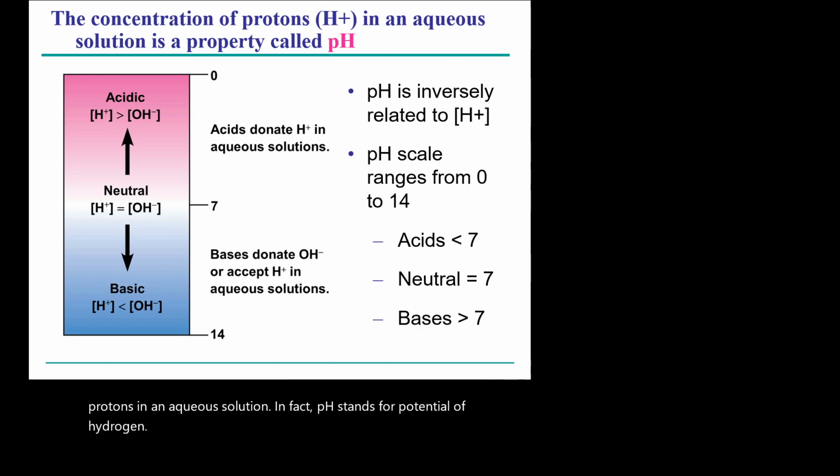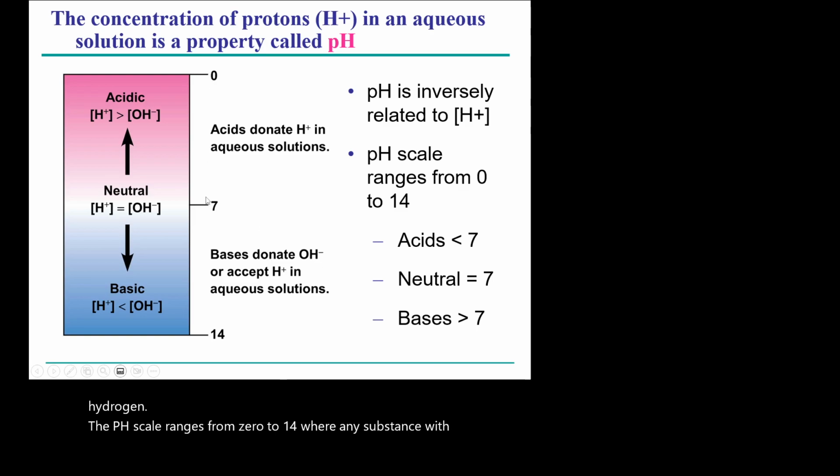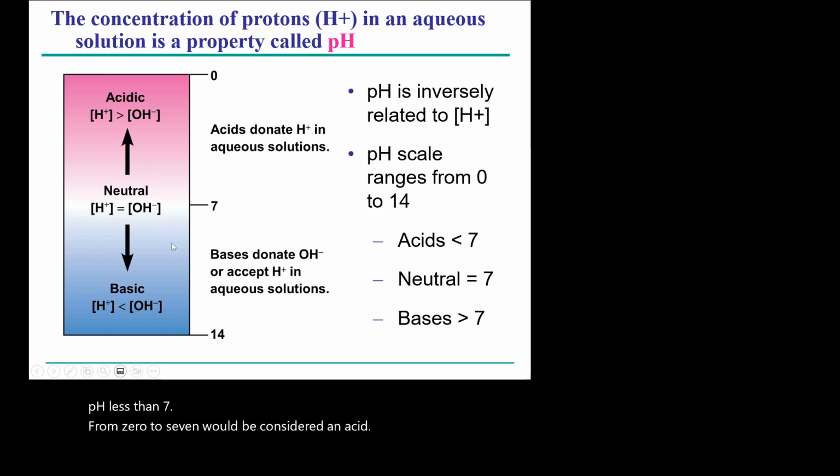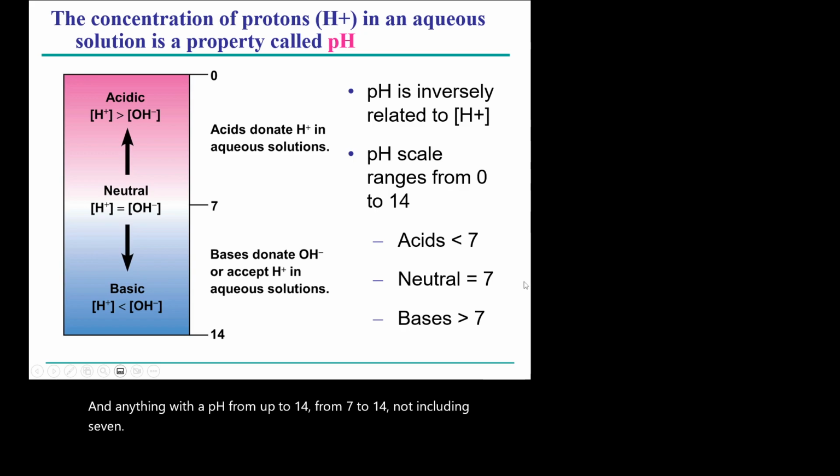The pH scale ranges from 0 to 14, where any substance with a pH less than 7, from 0 to 7, would be considered an acid, and anything with a pH from 7 to 14, not including 7, because that would be neutral, but anything greater than 7 would be a base.